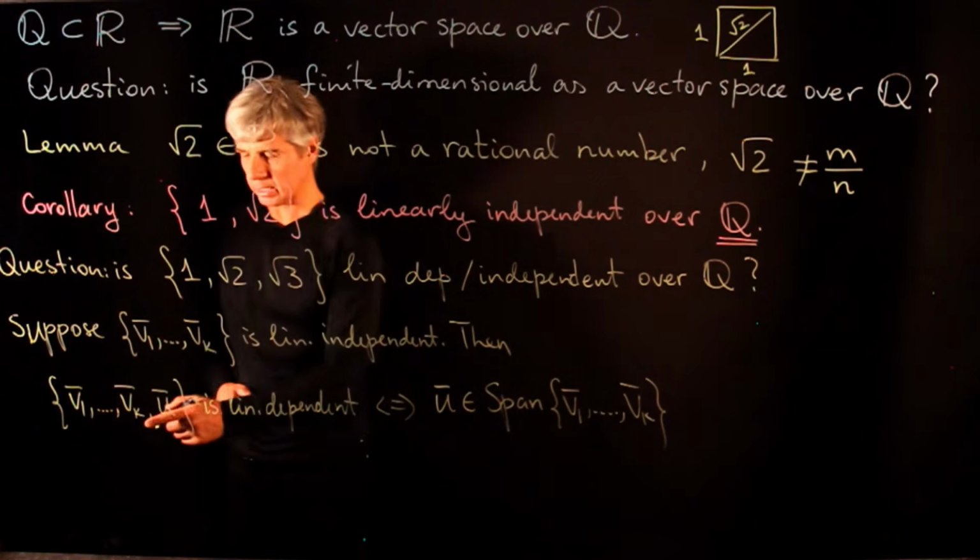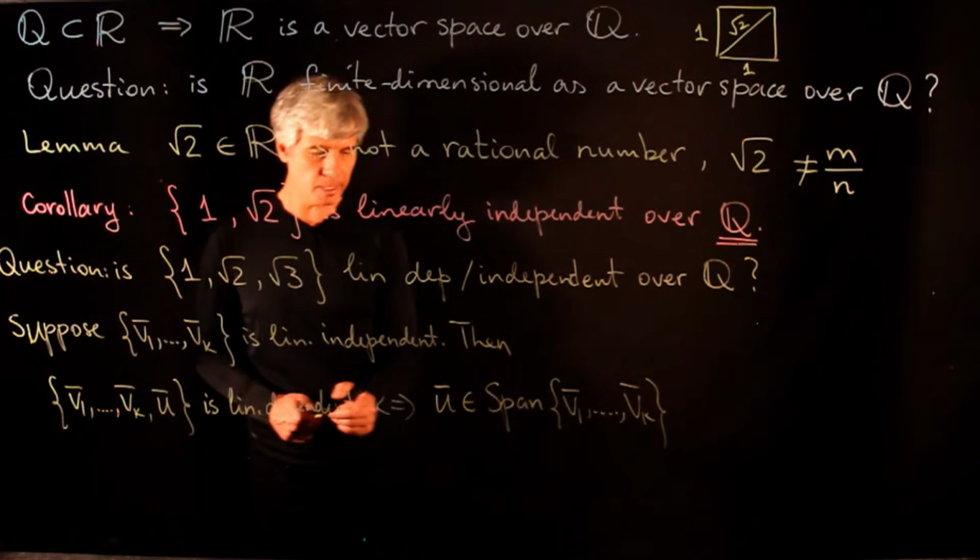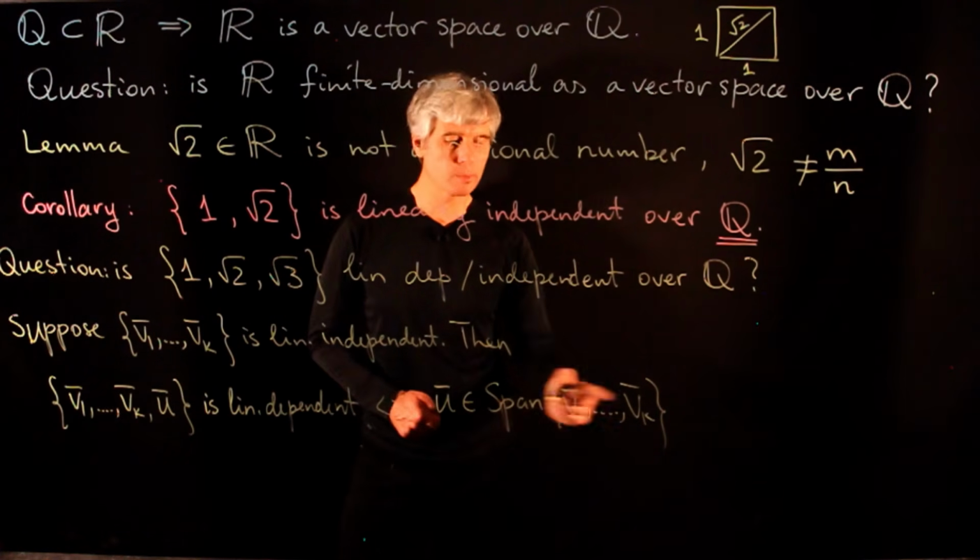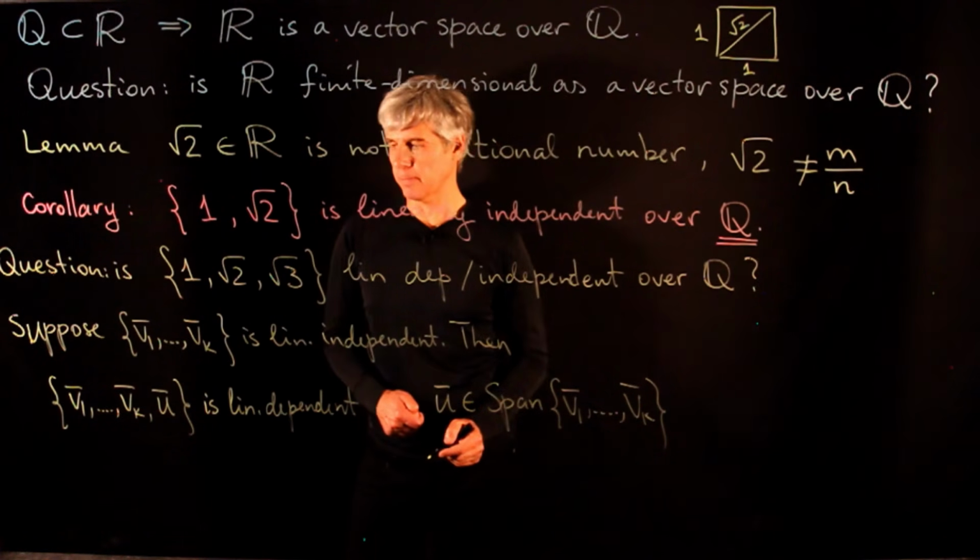Or we can say that this is linearly independent if and only if U does not belong to the span of these vectors.